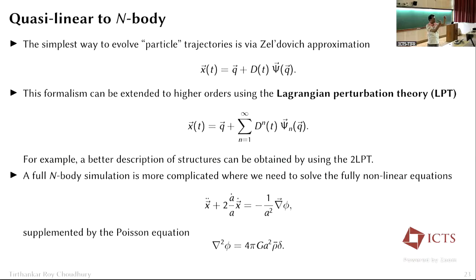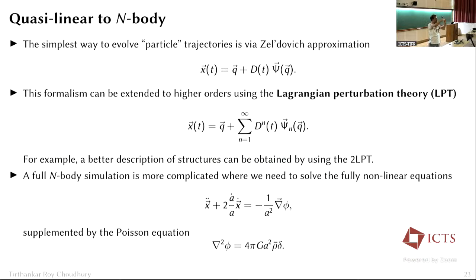What you can show is that for overdense regions the density will increase. What it means is that there will be three different directions of collapse, each along these three different axes. Depending on the structure of that field, it will turn out that one of these directions will collapse first.